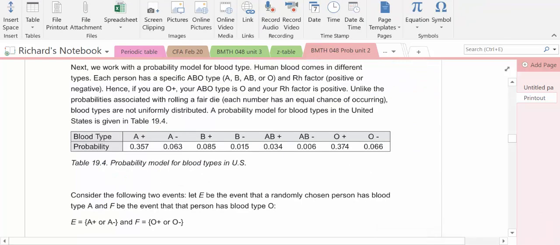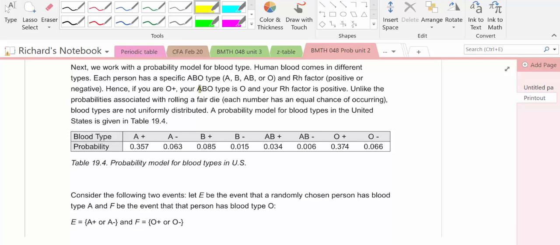So the probability models for human blood types takes a bit of explanation. This table, 19.4, lists all the possible human blood types. When they say ABO type, what we're talking about is the main type, the letter.